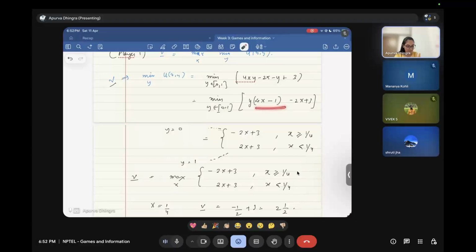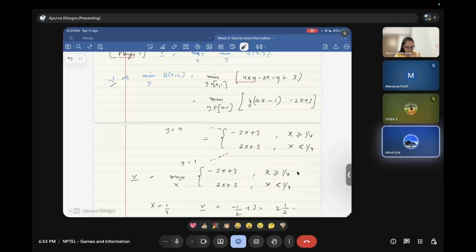If this coefficient is negative, then it's best to keep the maximum negative here. In that sense, it would be helpful to have the maximum value of y, which is 1, and then simplify it. That's pretty much what is done here, and that gives you these things.